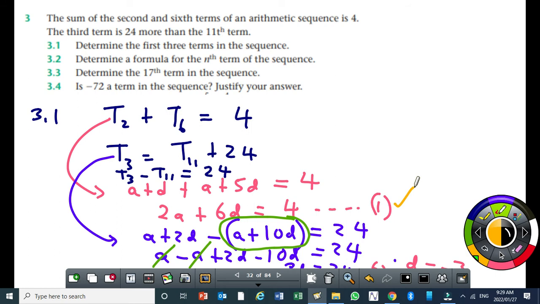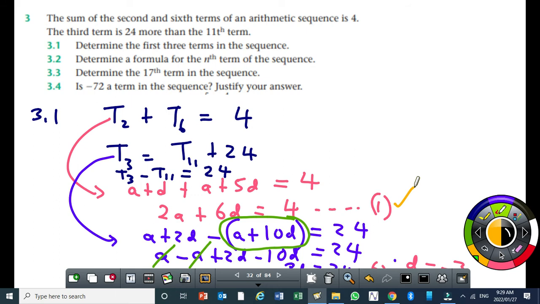Your second equation, if you read the second part of the question, says the third term is 24 more than the 11th term. I know that sentence would have confused someone. I hope you know that there's a difference between spoken English and written English. You can speak, but you might fail to understand a sentence.